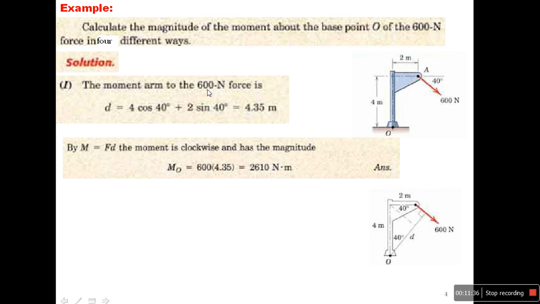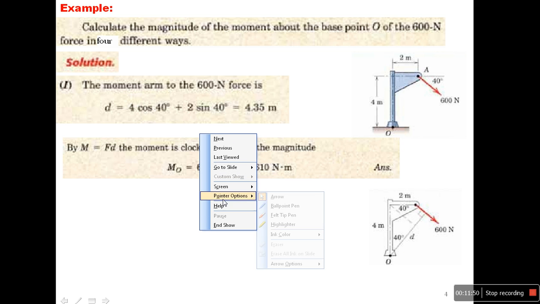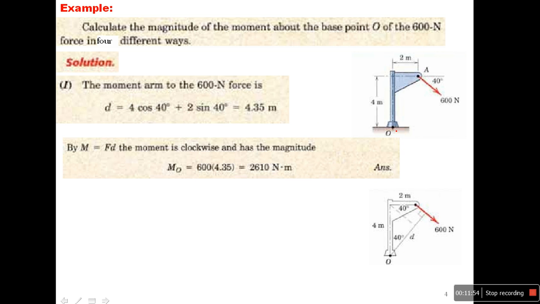Now, the way number one. The moment of the 600 Newton force is, now look, if I draw a line from O perpendicular to F, like that, perpendicular, do not forget, and I call it D. If I get D multiplied by 600 Newton, I will get the moment.